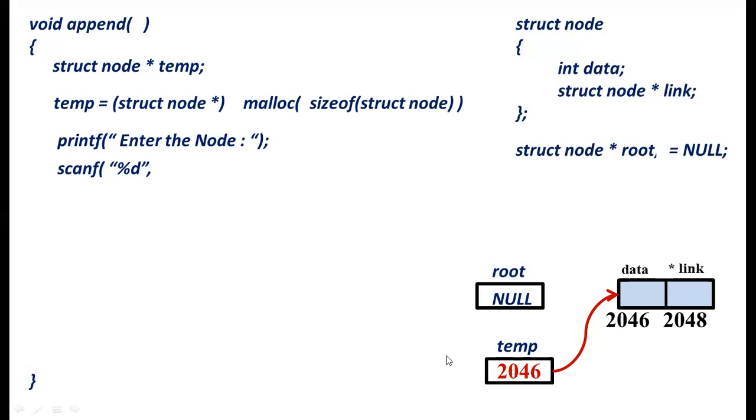Here temp is a temporary variable which is pointing to the struct. We need to provide this address to the scanf function. So in scanf we write temp to data address. Understood? This is how we can read the information.